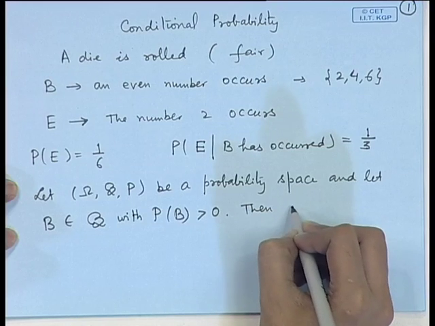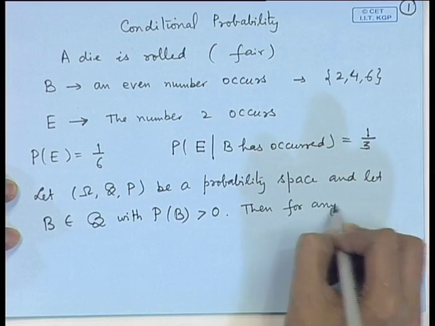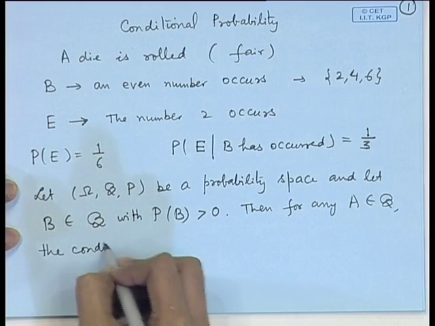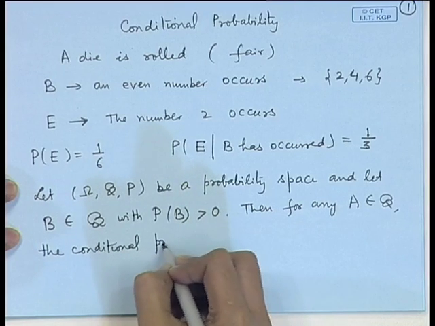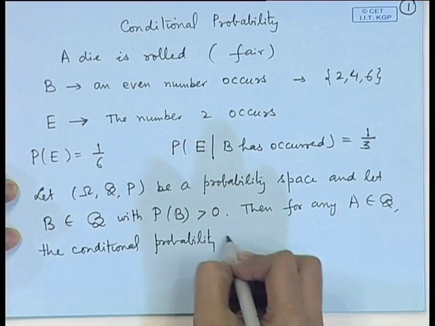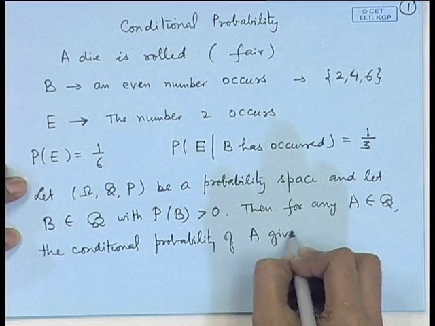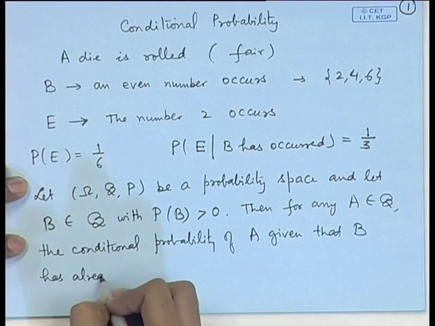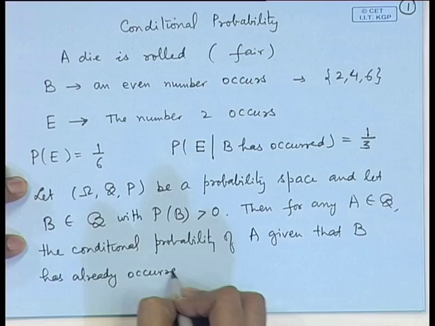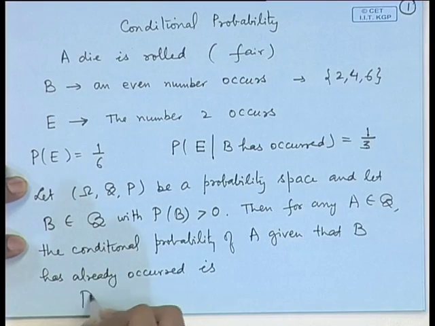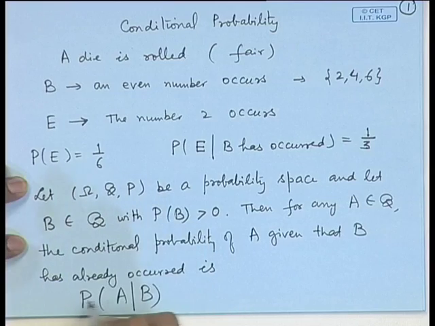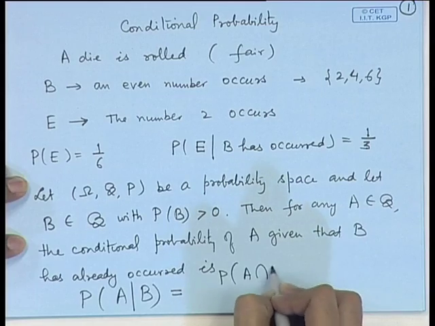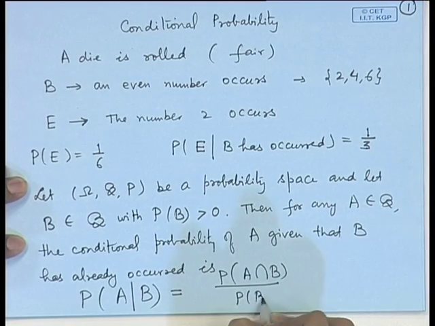Then for any event A, the conditional probability of A given that B has already occurred is defined by probability of A given B. This is the notation, and it is defined as probability of A intersection B divided by probability of B.